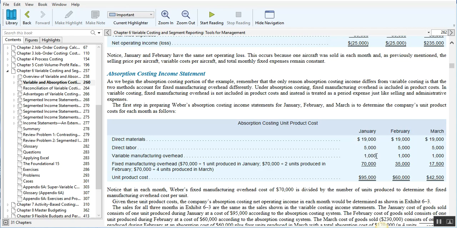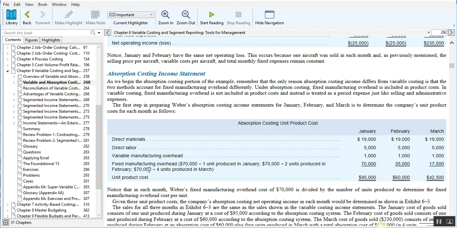This doesn't really change from the variable costing method, but we calculate the fixed manufacturing overhead of $70,000 divided by 1 unit produced in January, and that's $70,000 per unit. When they do this division, they're looking at a per unit cost for the fixed overhead. And then our unit product cost will be a total of $95,000. So when we get to February, we actually produced 2 units.